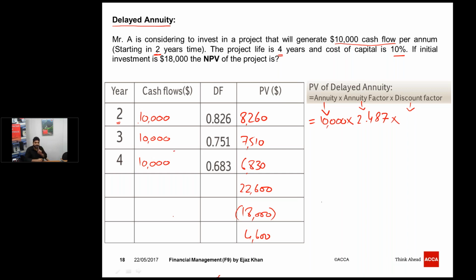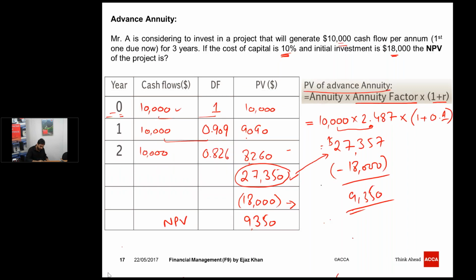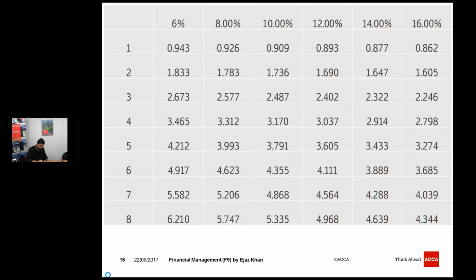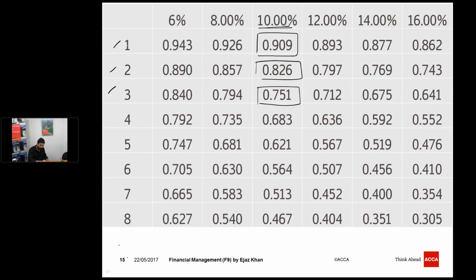So there is a 1-year delay in the starting of annuity. Usually it starts from year 1 and it's starting from year 2. So there is a 1-year difference between the normal annuity and the delayed annuity in this case. So what we have to do is to go back to the discount factor table to the 10% column, and since there is a 1-year delay, we'll pick 0.909 as our discount factor for this question.